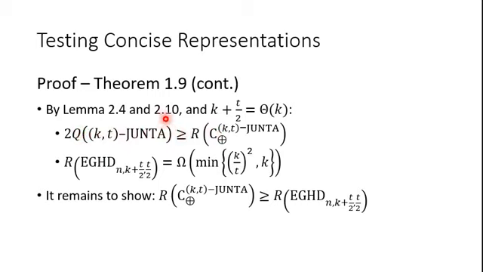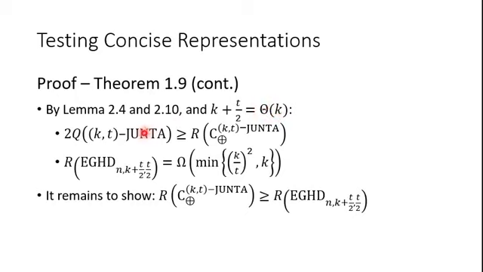And from Lemma 2.10, which I just reminded you of, for EGHD's lower bound, we get the following with these parameters. If we change k to k plus t divided by 2 and t to t divided by 2, we still get this same lower bound, because k plus t divided by 2 is theta of k.